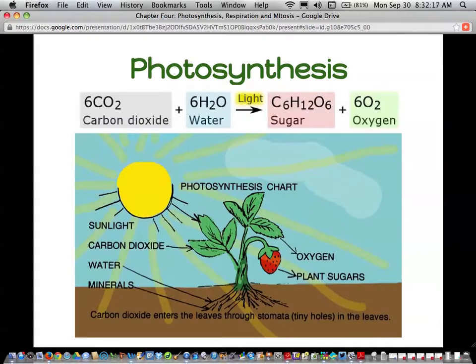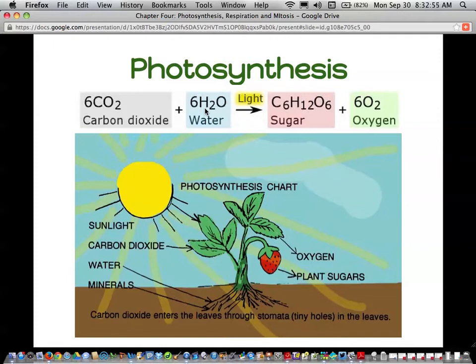Photosynthesis. I'd like you to memorize this formula. This is a chemical reaction, and it's the chemical reaction that happens inside the chloroplasts. So write this down. 6 CO2. What's CO2? Carbon dioxide. Good. 6 water molecules. When those two molecules join together, carbon dioxide and water, something magic happens in the presence of light.